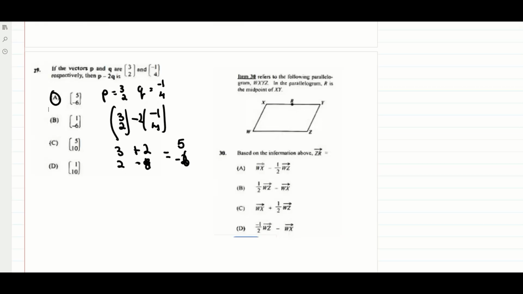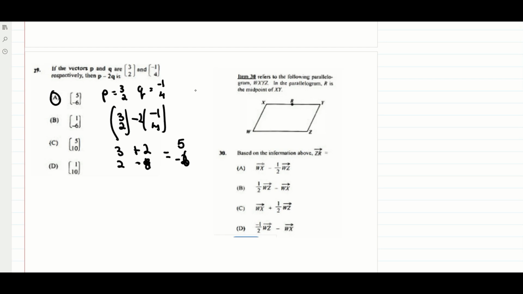Alright, and last question, item 30 refers to the following parallelogram. This is similar to what we just did, so let us take our time and do it. Based on the information, they want to know what is ZR.